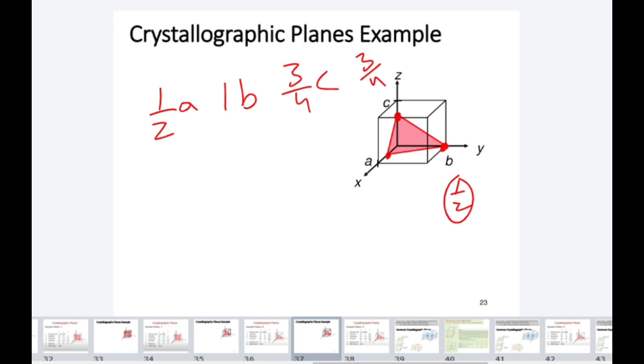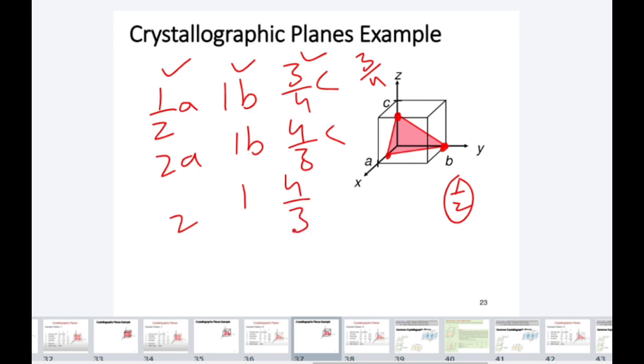Now can you solve it and tell me the final representation of the plane, the Miller indices? Guys, please. Okay, so how do we solve this problem? Look here, we have 1 over 2 A, 1B and 3 by 4 C. The second step is the reciprocal. So the reciprocal of 1 over 2 A is 2A, 1B and 4 by 3 C. Then we want to normalize, we want to remove A, B, C, so we just divide everything by A, B, C. So we get 2, 1, 4 by 3.